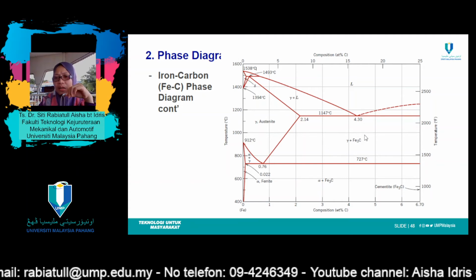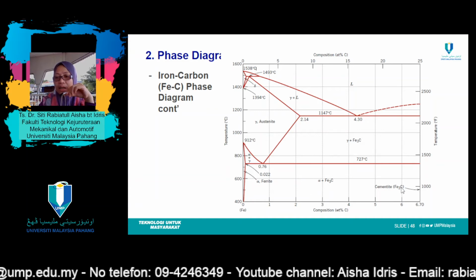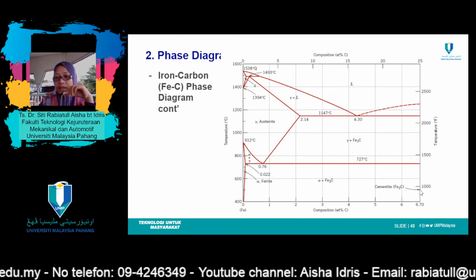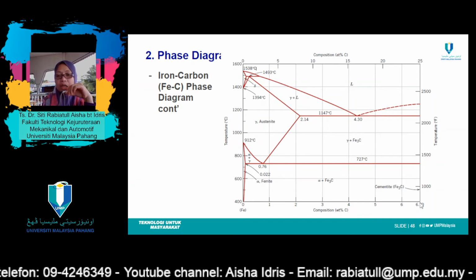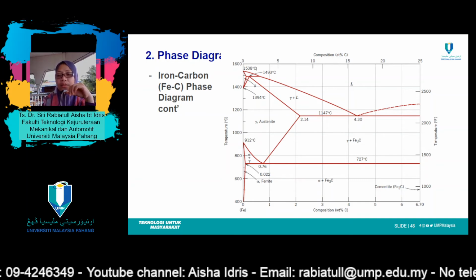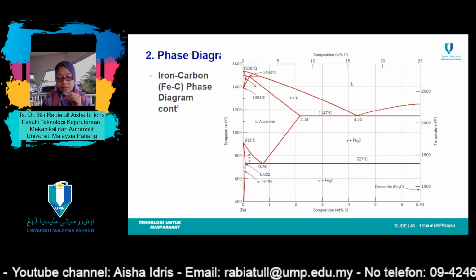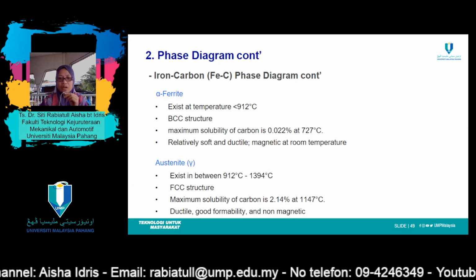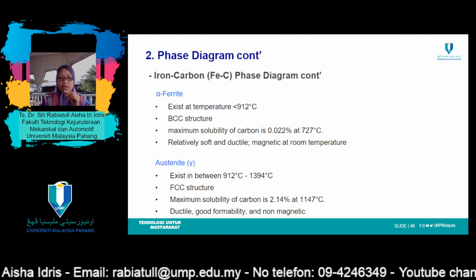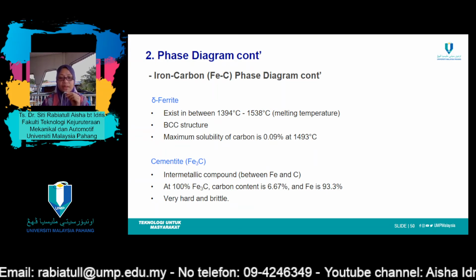This is gamma plus cementite, and this is alpha plus cementite, and cementite is this line. Remember, cementite is an intermetallic compound and it won't exist as a phase in the phase diagram. However, it will only exist as a line. Okay, alpha ferrite, austenite or gamma, delta ferrite, cementite.